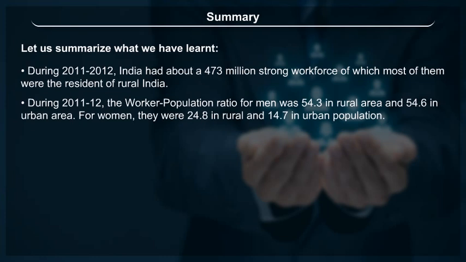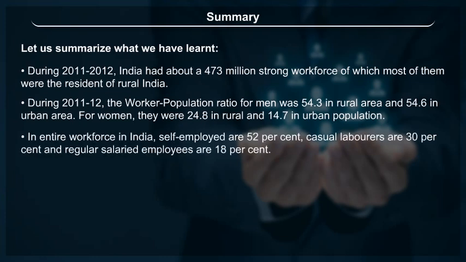For women, it was 24.8 in rural and 14.7 in urban population. In the entire workforce in India, self-employed are 52%, casual laborers are 30% and regular salaried employees are 18%.